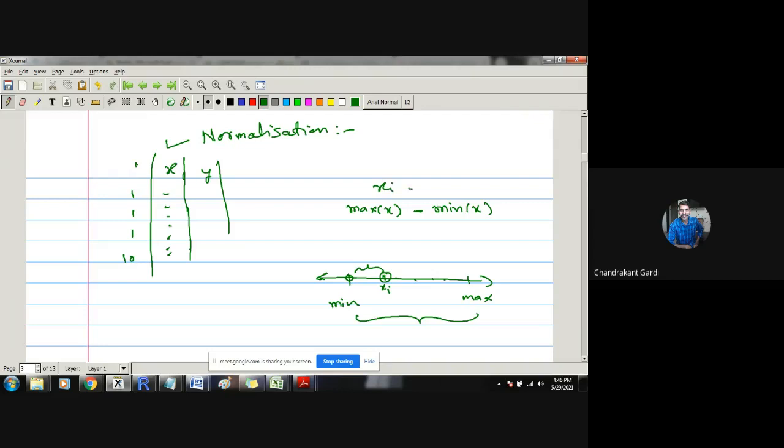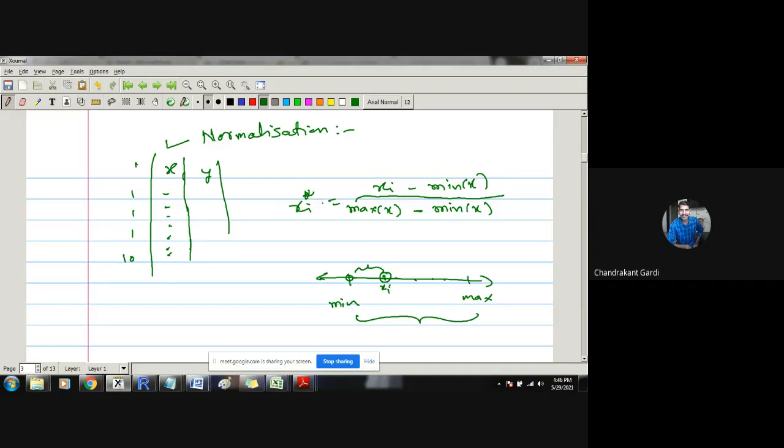So xi minus this minimum value is the difference of xi from the minimum value, and we look at how much proportion it has with respect to the entire deviation. So we take this ratio as the new xi value: xi minus minimum of x, divided by maximum of x minus minimum of x.